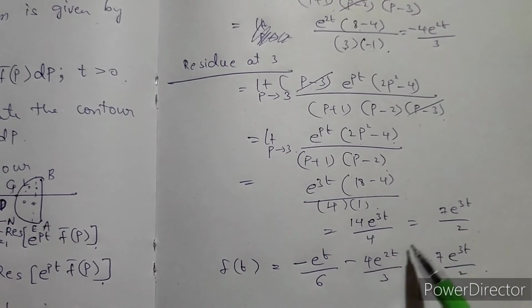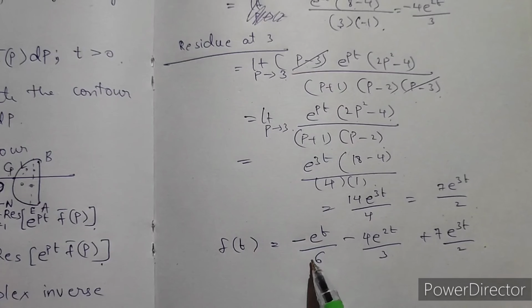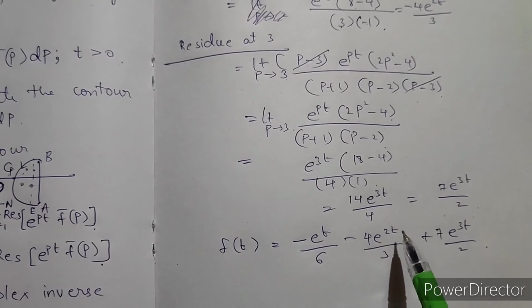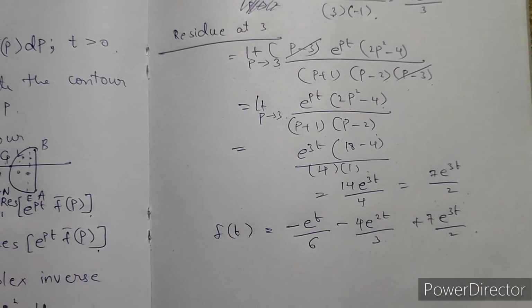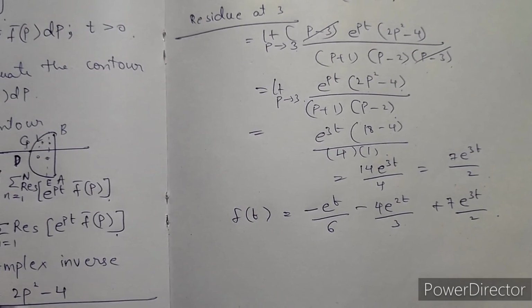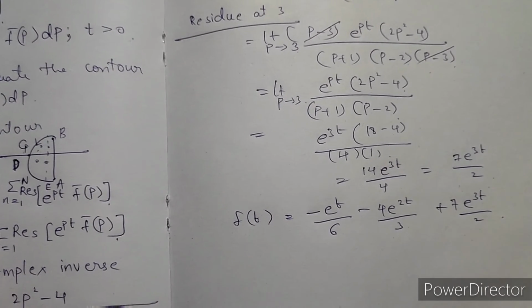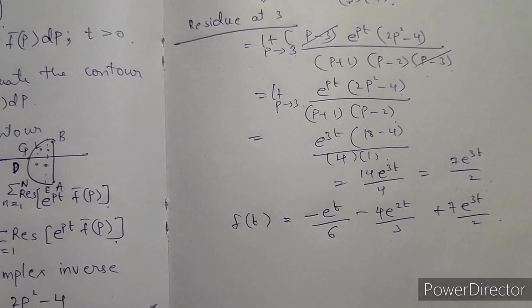On adding, we get f of t equals minus e power minus t divided by 6 minus 4 into e power 2t divided by 3 plus 7 into e power 3t divided by 2. So in this way we can compute the inverse Laplace transform of a given function f bar of p using the complex inversion formula.